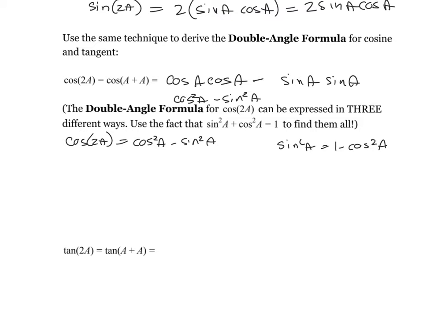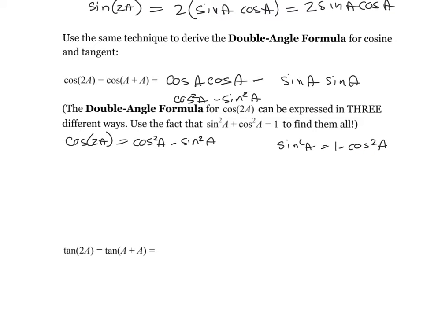And if you're unsure, you could say, well, if I added cosine squared of a to both sides, I'd have sine squared of a plus cosine squared of a equals 1. And that's the Pythagorean identity. So this is just a rearrangement of that, and it's equivalent essentially to the Pythagorean identity.